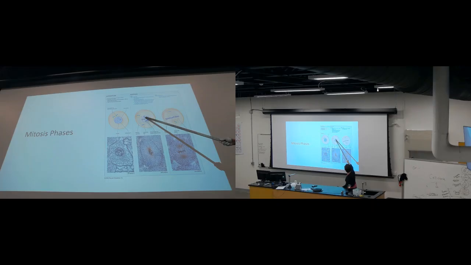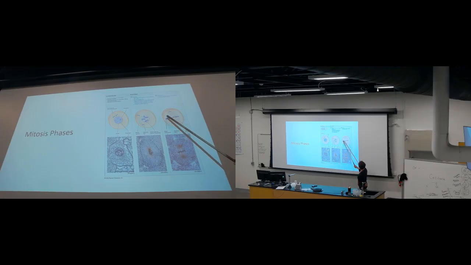And then in prophase, not only your chromosomes become visible, but your centrioles, which are these, start moving apart and then start attaching microtubules to form the mitotic spindle, and your nuclear membrane starts disappearing. It has to disappear. Why?